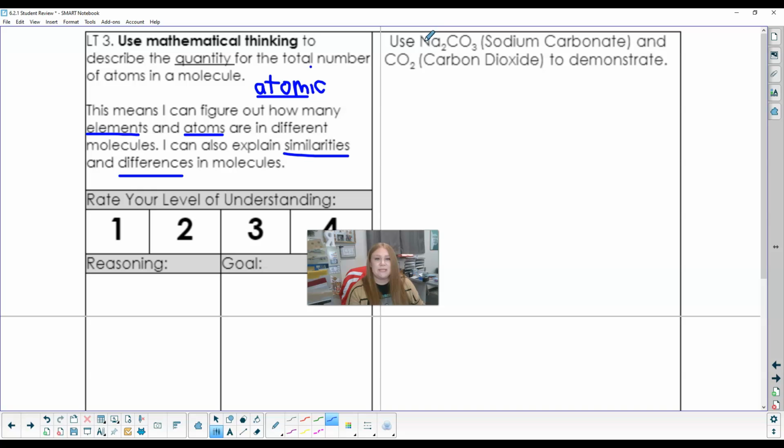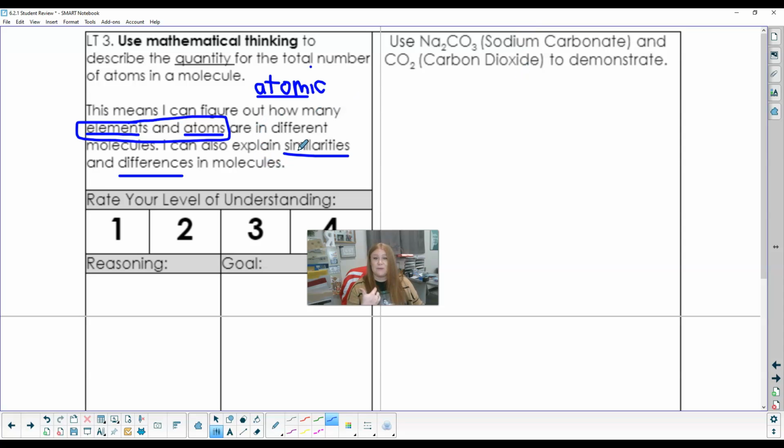So you are going to use Na2CO3, which is sodium carbonate, and CO2, which is carbon dioxide, to demonstrate this. What you need to do is figure out how many elements and atoms are in each of these molecules.